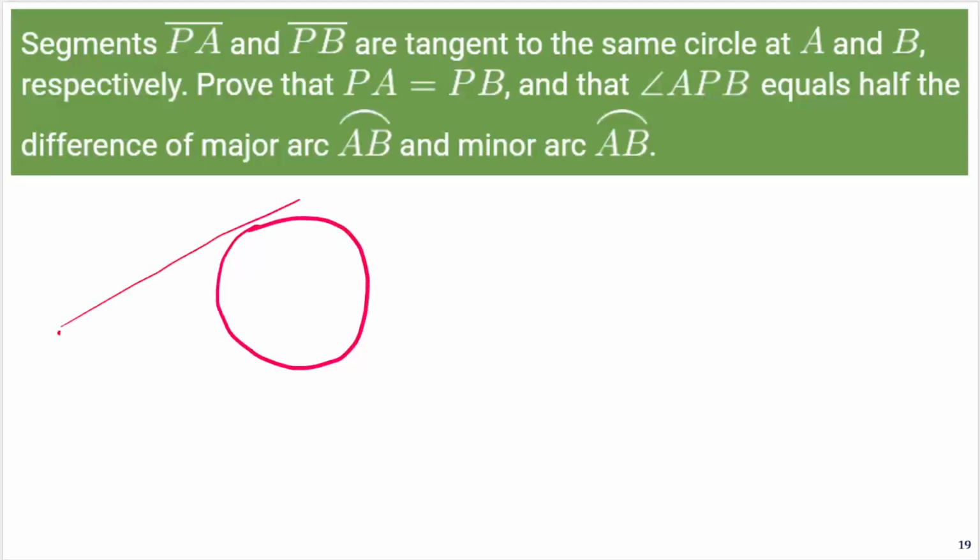PA touches the circle only once. PB touches the circle only once here. Can you prove PA equals PB and APB equals half of the difference of major arc AB and minor arc AB?